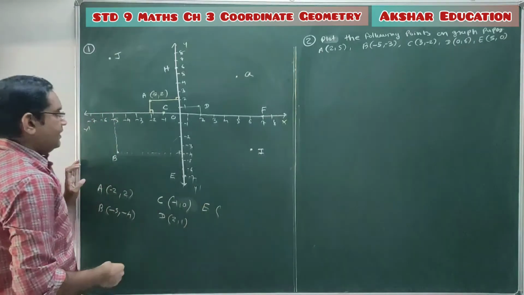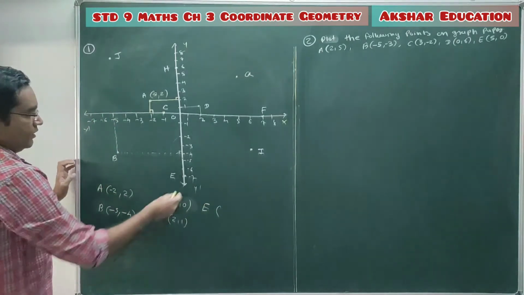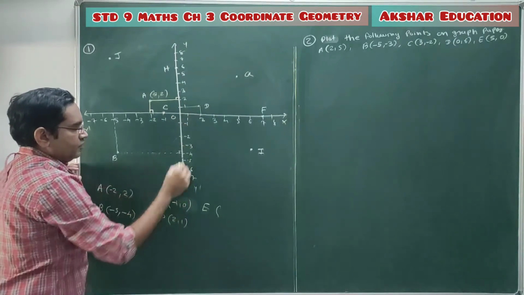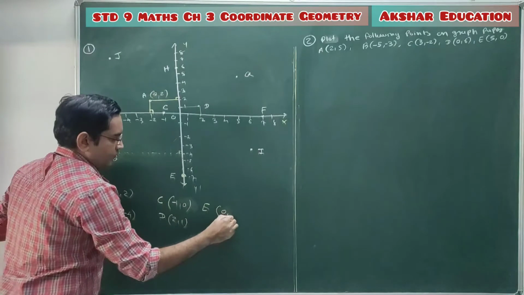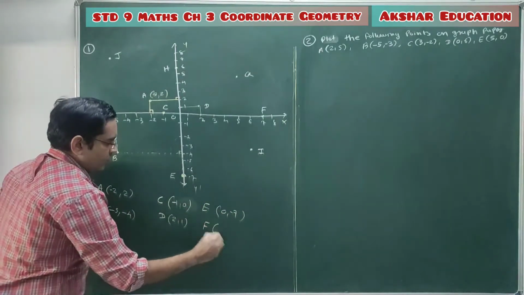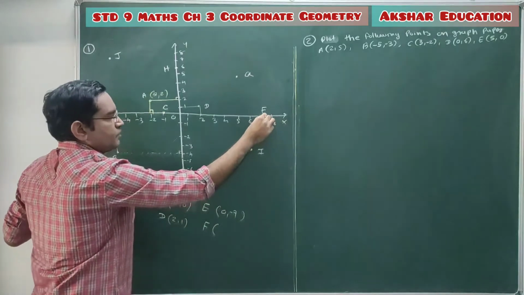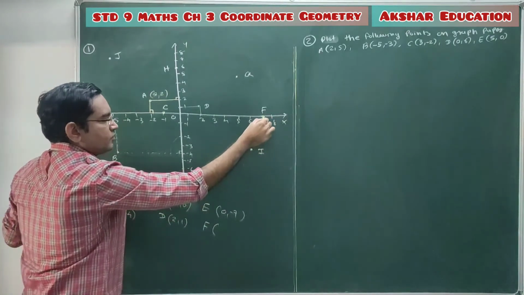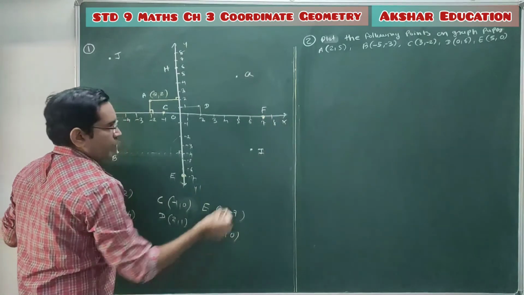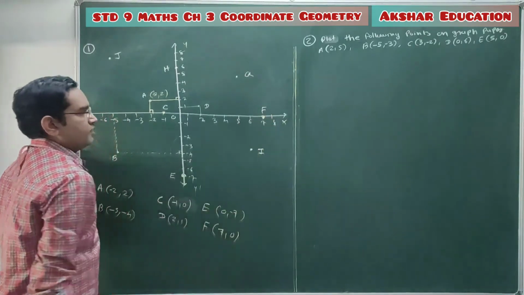Now for this point E, where is our E? Here. So x is 0, y is minus 7. Point F lies on the x axis, so it's 7, 0. Point lies on x axis, y coordinate is 0.